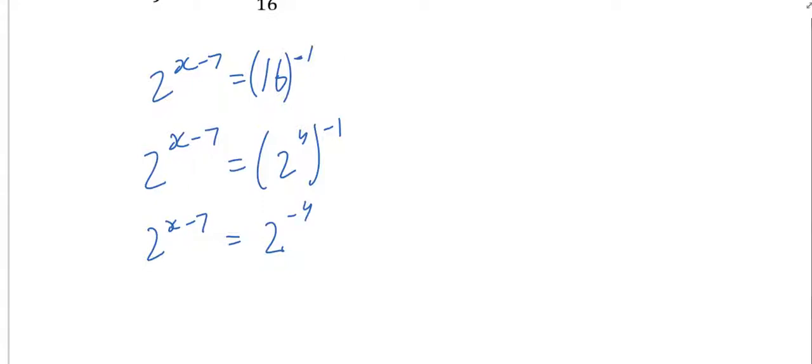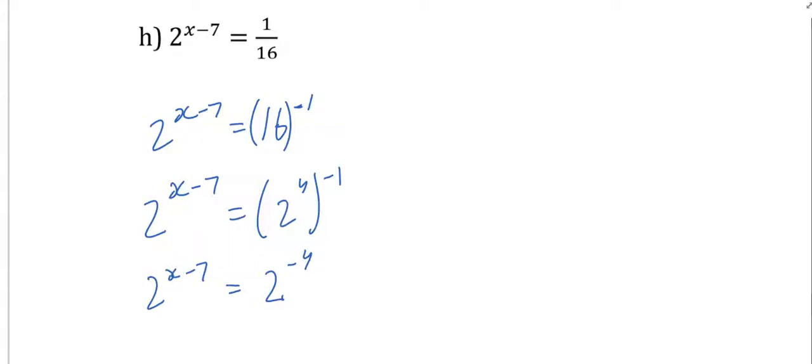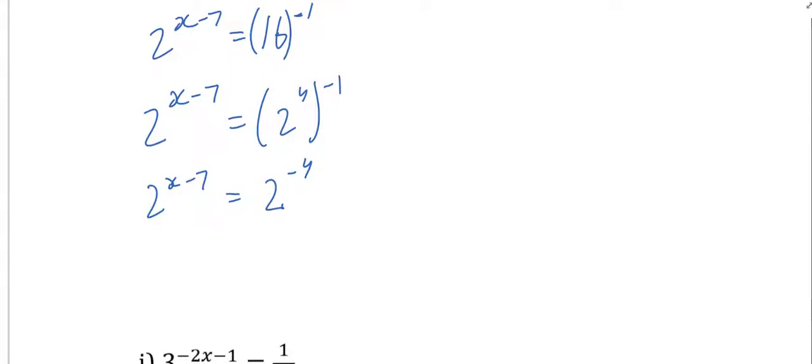So you could go straight to that step. 1 over 16 is 2 to the negative 4. Then I go, therefore, x minus 7 equals negative 4. Add 7 to both sides, and x is 3.